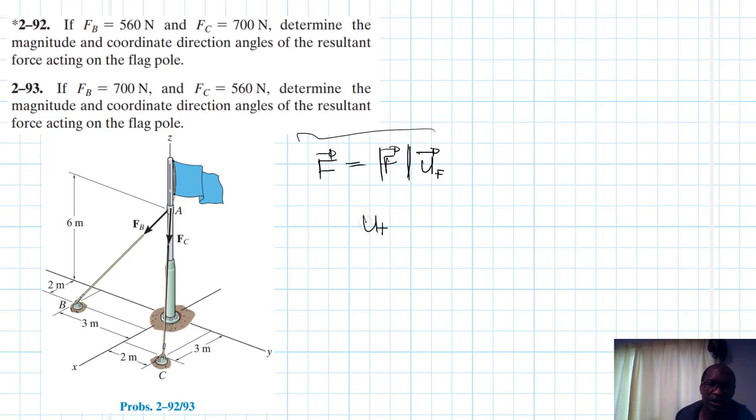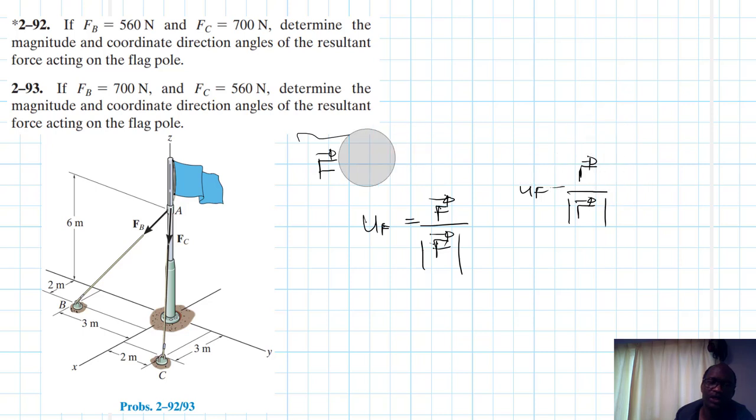The unit vector is equal to the force vector divided by its magnitude, or you can also have a unit vector equal to the position vector divided by its magnitude. So basically this is what we intend to do.